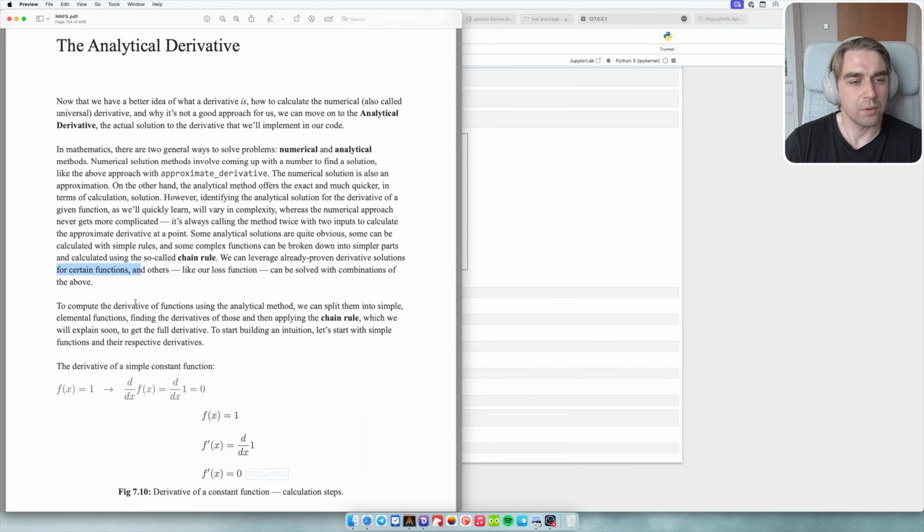To compute the derivative of a function using the analytical method, we can split it into simple elemental functions and find the derivative of those, which we'll explain soon, to get the full derivative. So we split the whole function into pieces, find the derivative for each piece, and then use this chain rule to calculate the final value. To start building an intuition, let's start with a simple function and its respective derivative.